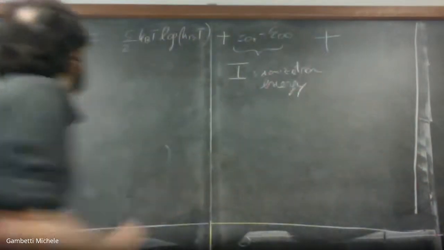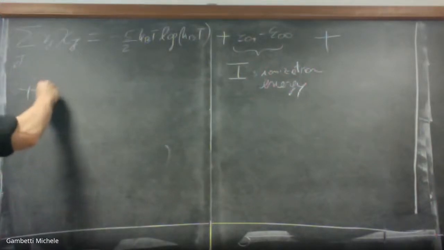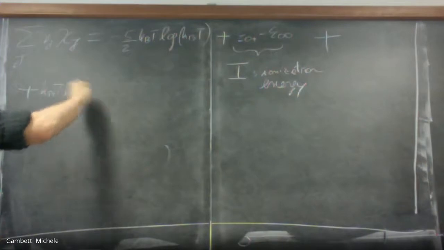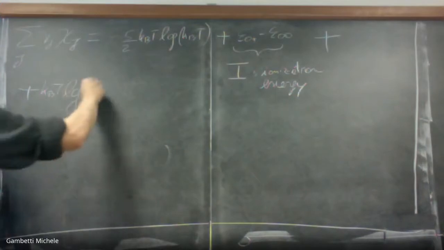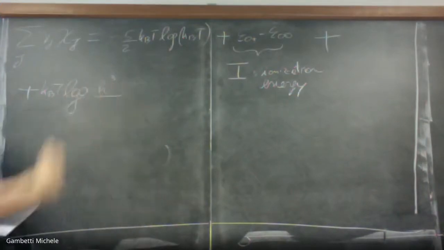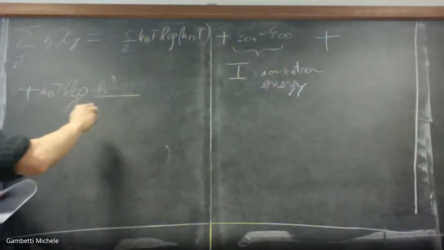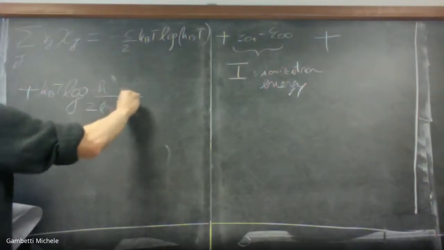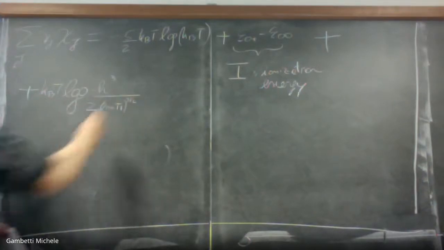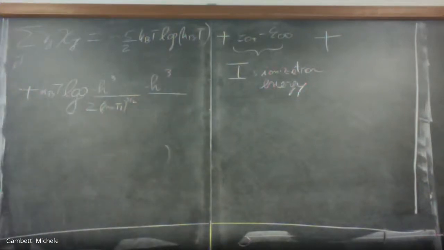Then I have plus the kBT logarithm. Here I have all the three contributions inside. So one is h cubed. Then I have the degeneracy of the electrons, which is 2, and I fix it to 2. Then I have 2m pi to the power of 3/2. Similarly, I have the same coefficients for the two other components.